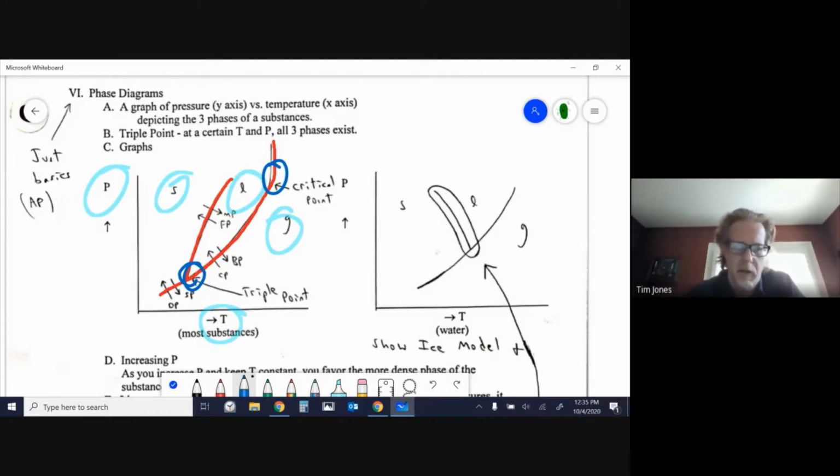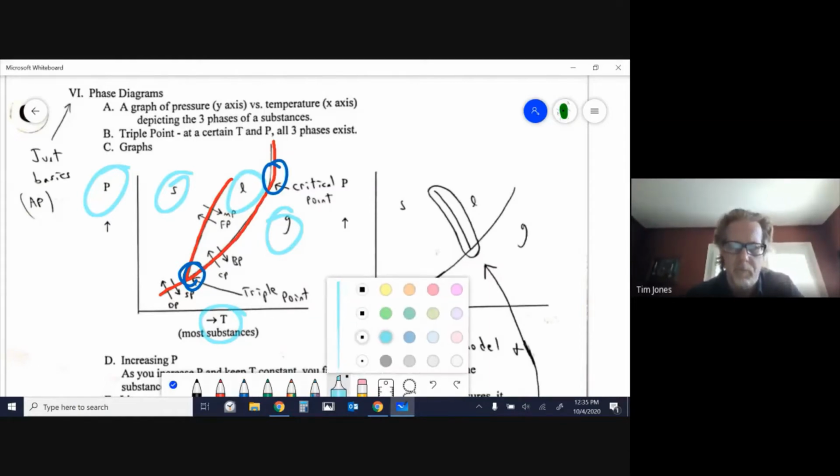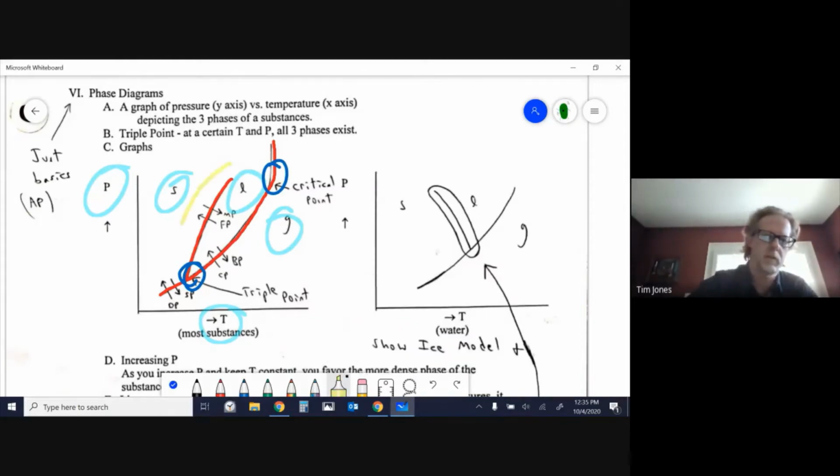So this line here normally has a positive slope. And that makes sense because most things, if you take them in their liquid state, let's say that we're right here, and you raise the pressure, you will encourage them to become solid.